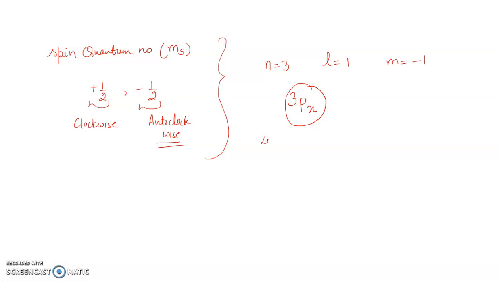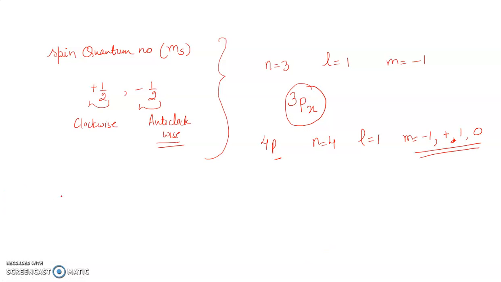Like if I write 4p, it is in fourth shell and in p subshell, but because no designation is written whether it is px, py or pz, we can assume any value. It can be -1, +1 or 0.